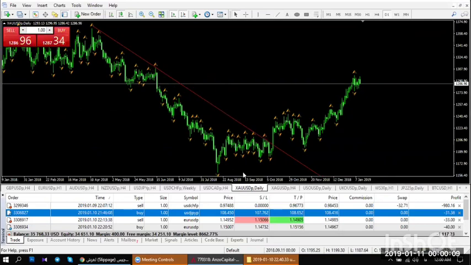So we can say that we've had a reversal here based on the swing lows and swing highs. Like this.